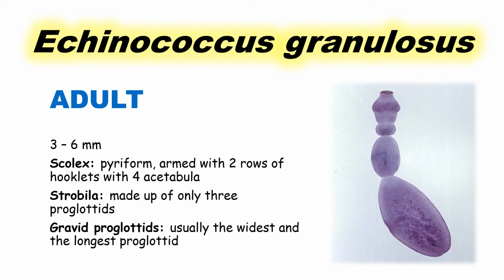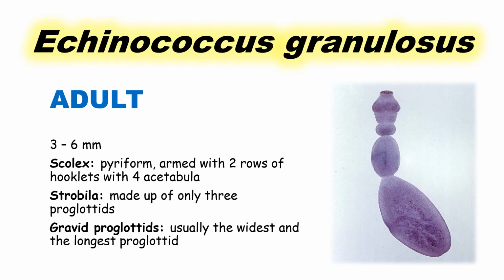This is known as the dog tapeworm, so usually its definitive host, guys, is the dog. Dipylidium caninum, meanwhile, is a common tapeworm infecting dogs and cats. So don't get confused. It was formerly known as Taenia granulosus. The scolex is pyriform, armed with 2 rows of hooklets with 4 acetabula.